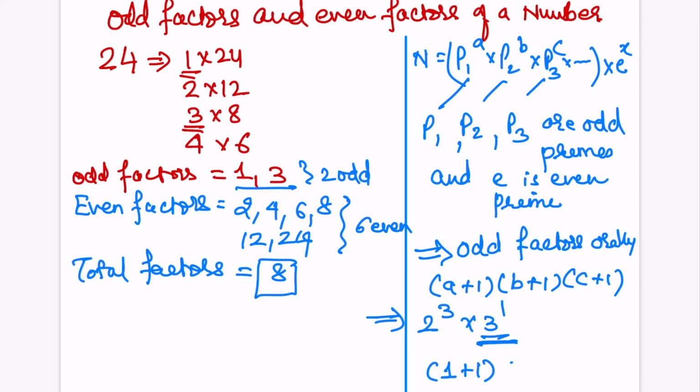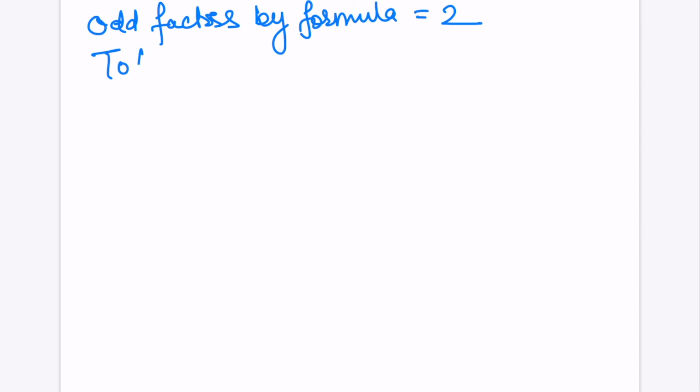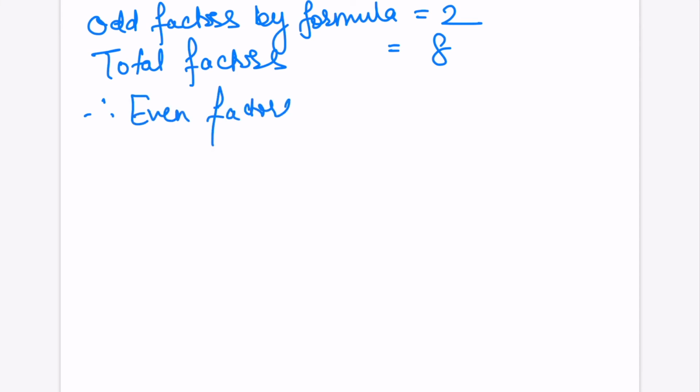So 1 plus 1 will give you 2 odd factors. Odd factors by formula is 2. Total factors as we have calculated was 8. So we can calculate even factors by subtracting, which comes out to be 6.